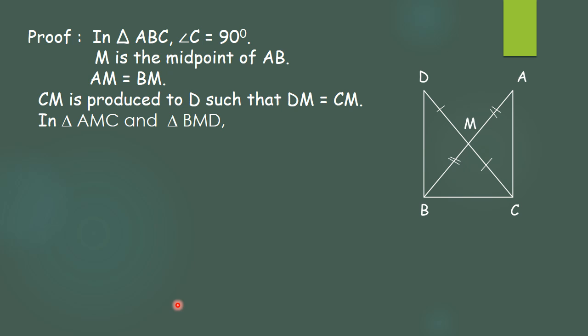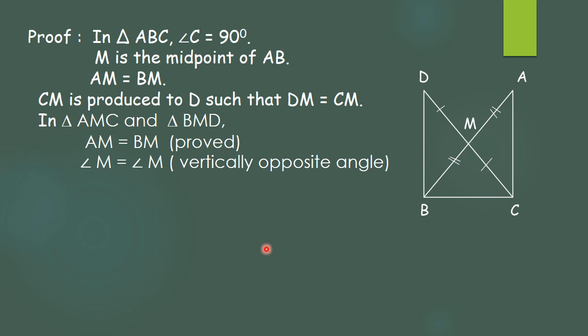For that, first we'll consider triangle AMC and triangle BMD. First, AM is equal to BM, that we have proved, as M is the midpoint. Then angle M is equal to angle M because they are vertically opposite angles. And DM is equal to CM, that is also given.